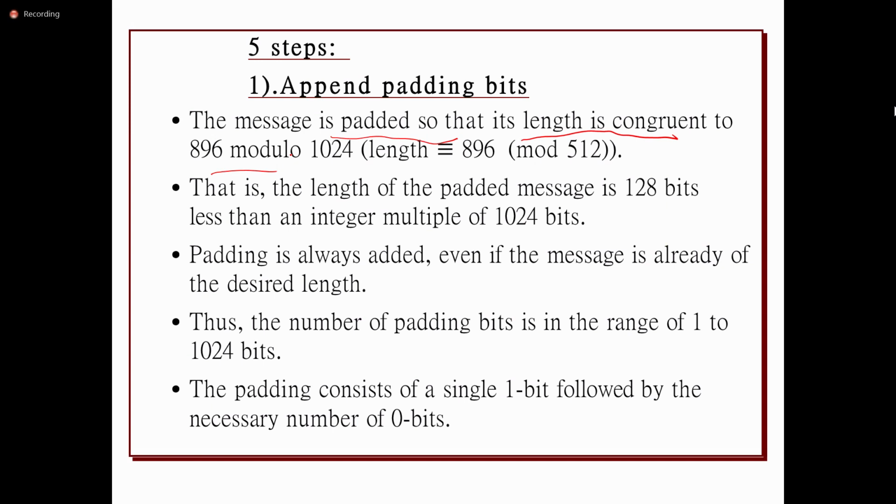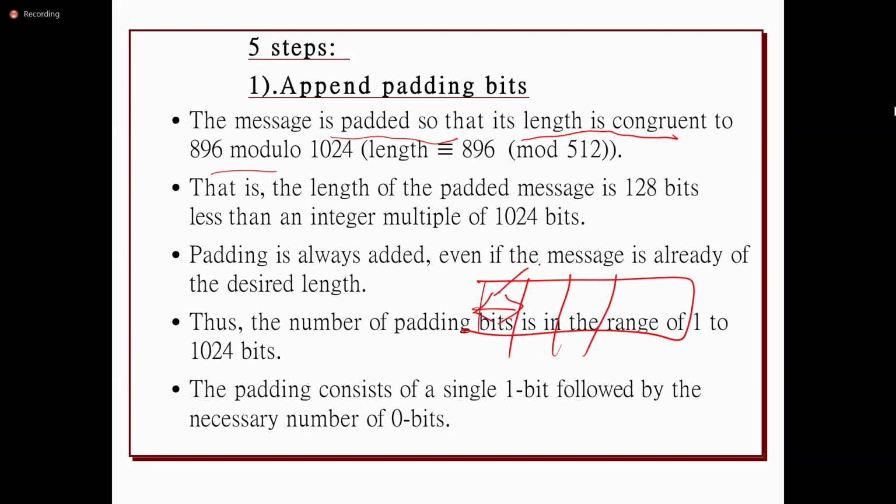The size of each block will be 1024 bits in the SHA-512 algorithm, whereas in SHA-1 it is 512 bits.